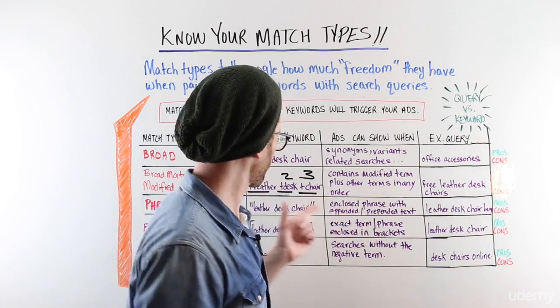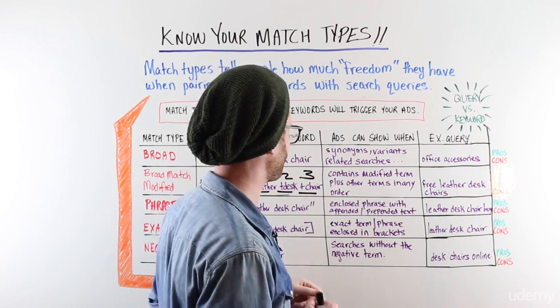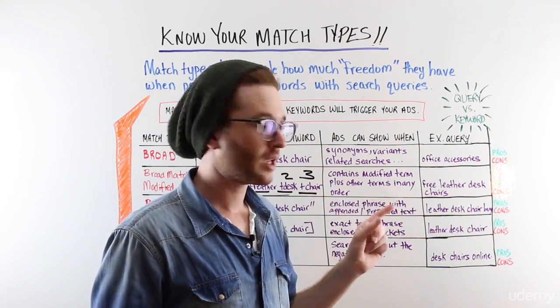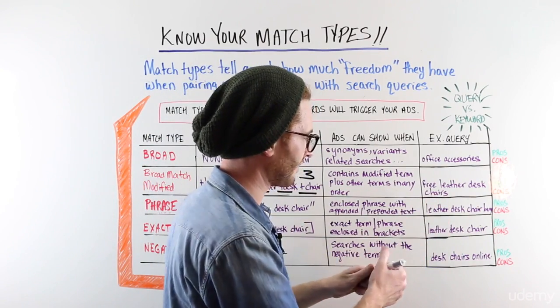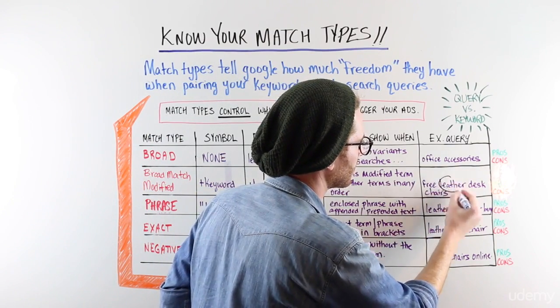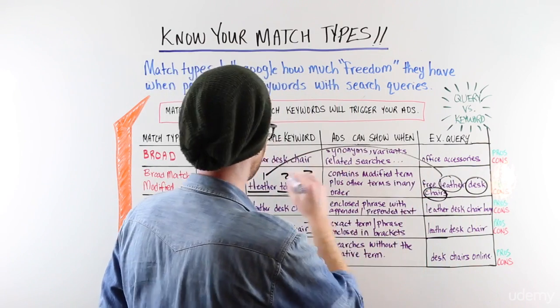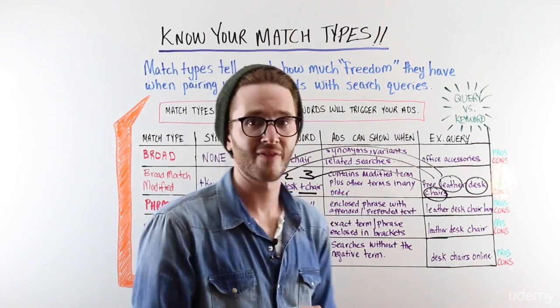I didn't add free as a negative keyword yet. I have plus leather, plus desk, plus chairs positive, and free leather desk chairs. If you notice in the query, all my modified terms are there. Leather is there. We have desk, and we have chair. That matches up with my modified terms in my keyword.